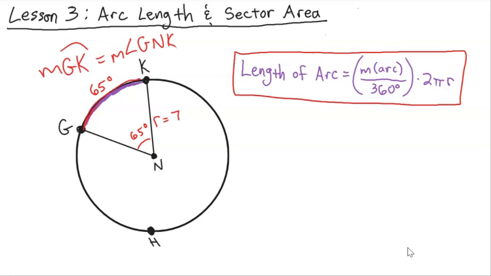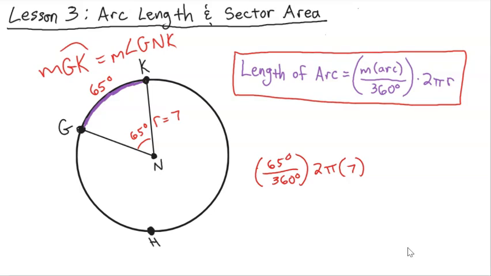So what is the length of this arc right here, this purple arc that runs from here to here? How long is it? Well, the length is going to be, let's do our fraction, 65 degrees in the numerator divided by 360 degrees, times 2 times pi times the radius, which is 7.